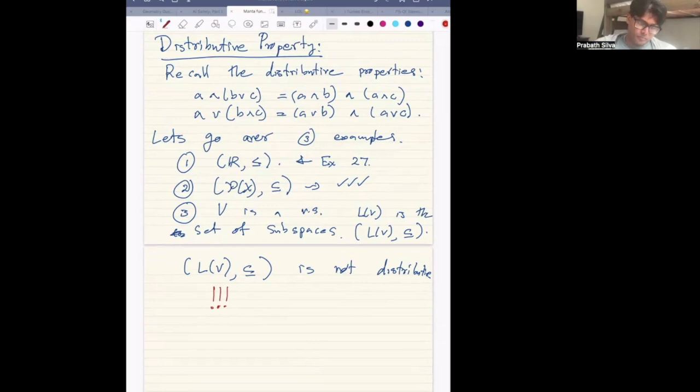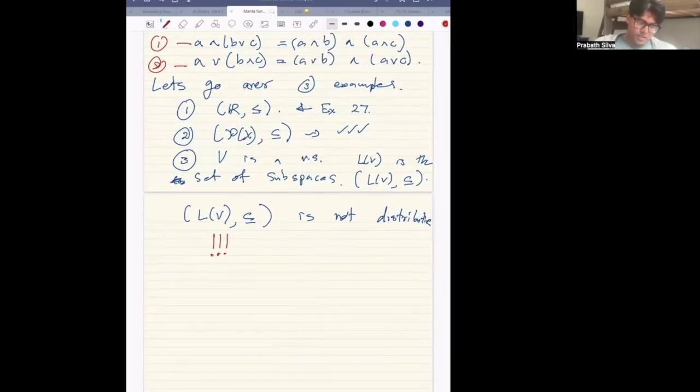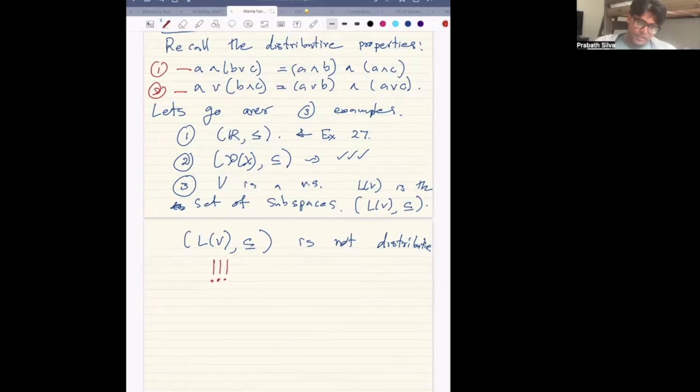So this is equation 1 and 2. So for example, you take V to be R3.